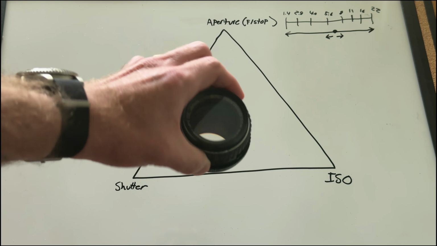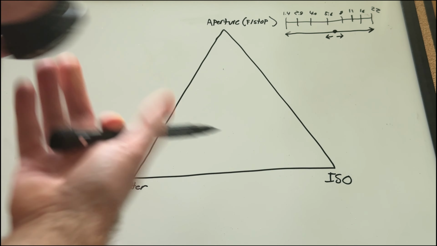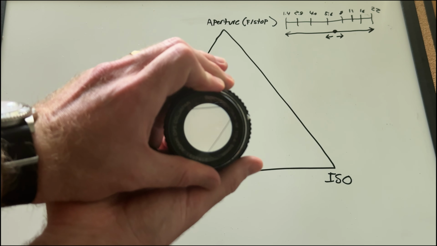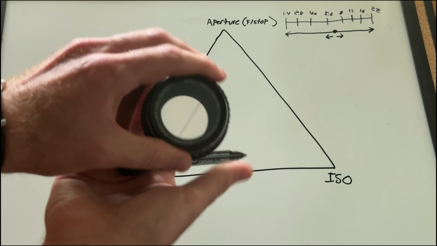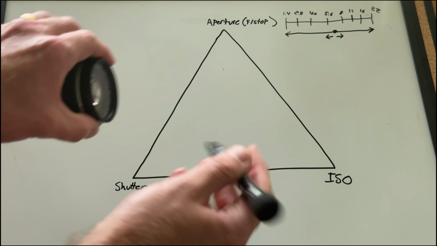So starting down here on our little aperture scale, this is f1.4, this is 2.0, 2.8, f4, I believe that's 5.6, etc. So the smaller the number, the more wide open your aperture, meaning more light comes through your lens and hits your sensor, which then means your exposure is higher.